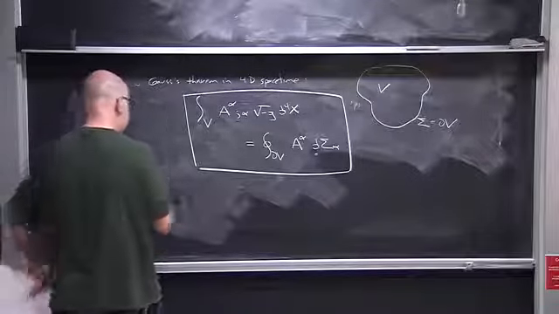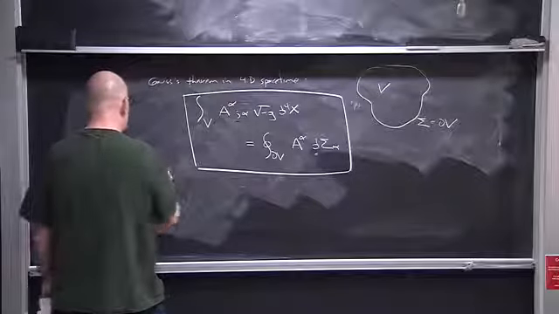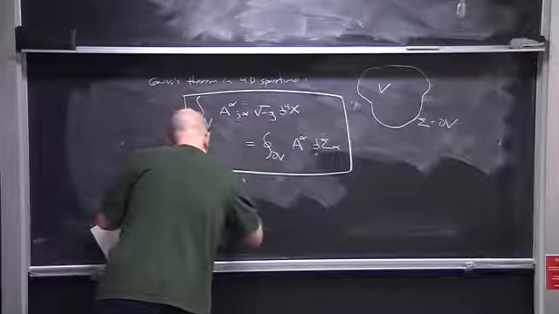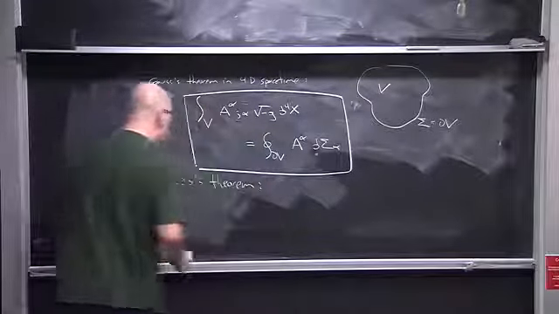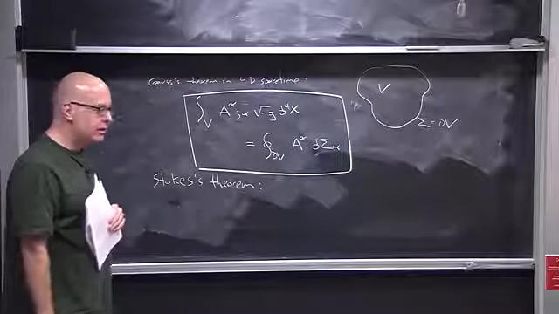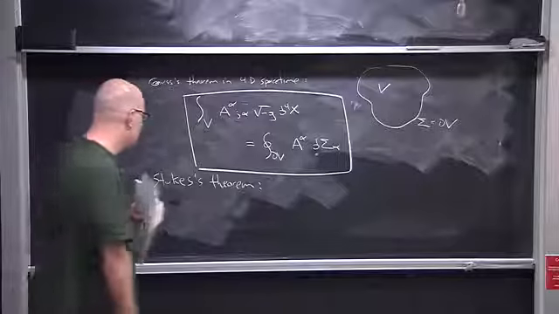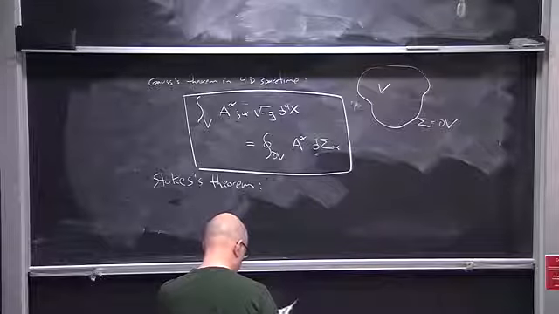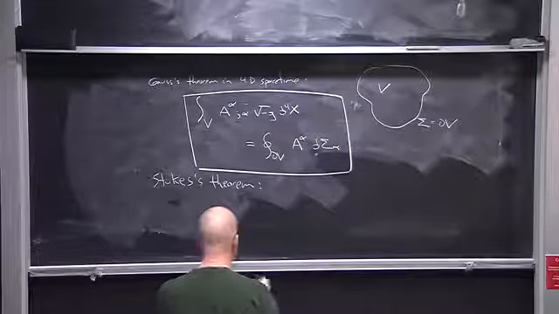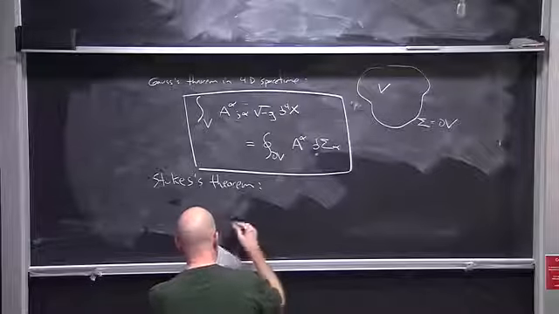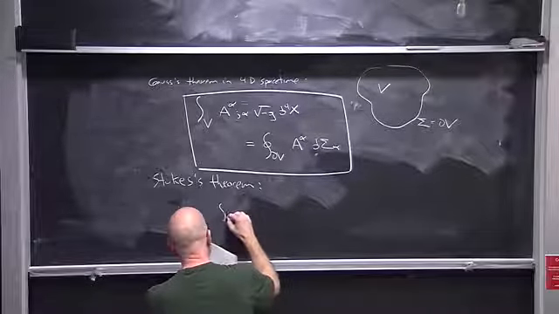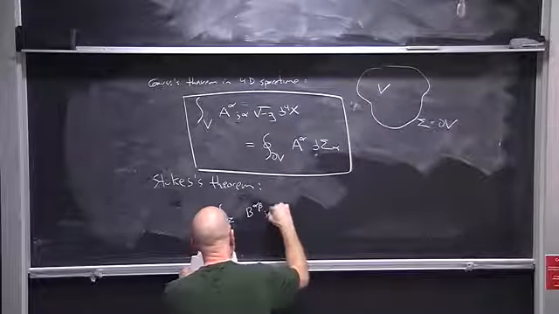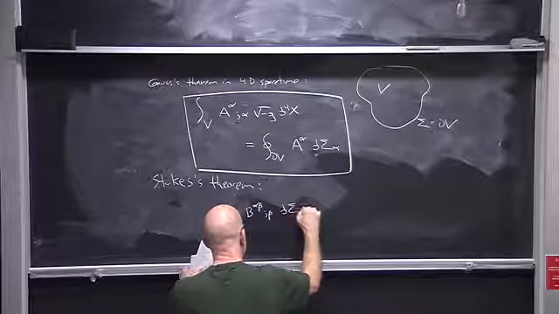There's a version to that. There's a similar identity like this that's called Stokes's theorem, and this applies to an anti-symmetric tensor field. So here I have to worry about factors of 2. What we do is integrate over a surface, which I'll call sigma. We're integrating the divergence of an antisymmetric tensor field over that surface.